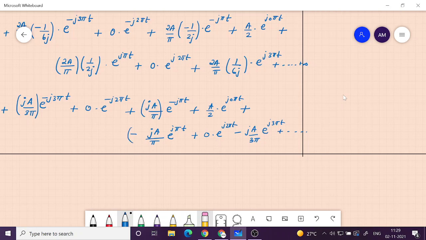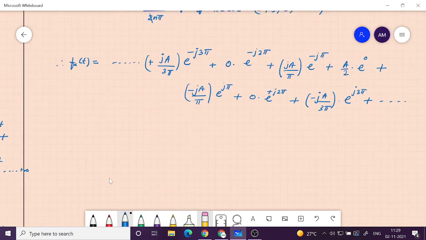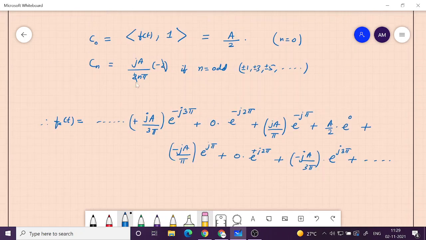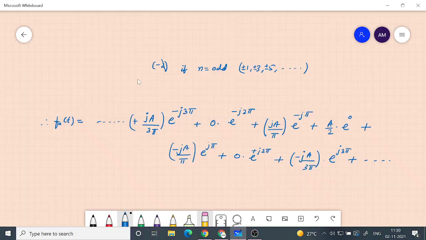Okay, so this is basically conjugate of this, and again this is basically conjugate of that. So same thing you can notice here also, they have a conjugate relationship. So the only difference is like a minus will come. Here it is ja by minus ja by n pi. So if n is negative, it will be minus. If it is positive, it will be plus.